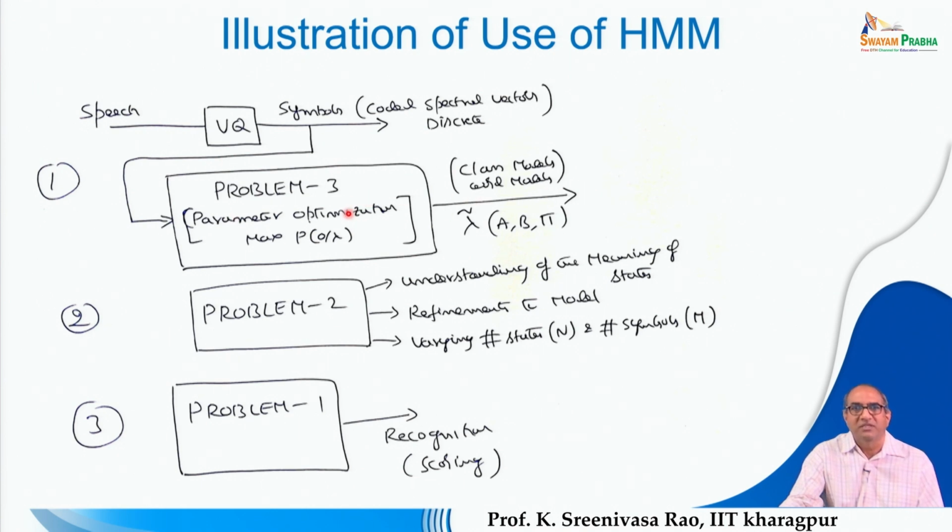This problem 3 is nothing but the training step. From the feature vectors you need to optimize the parameters for maximizing P of O given lambda. It is parameter optimization, so that lambda will be estimated. That is, the parameters are estimated, and the model is built.